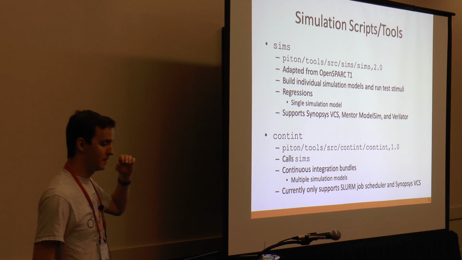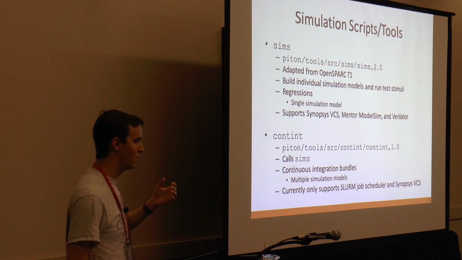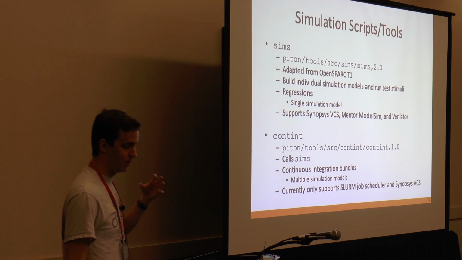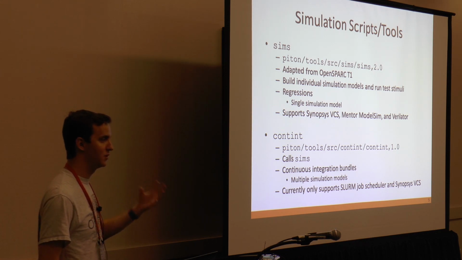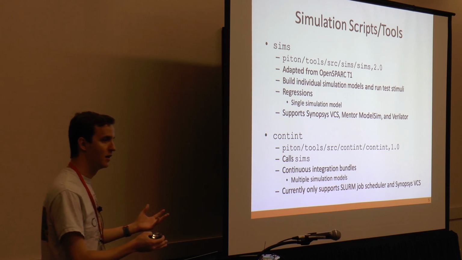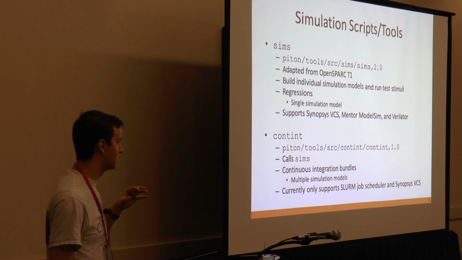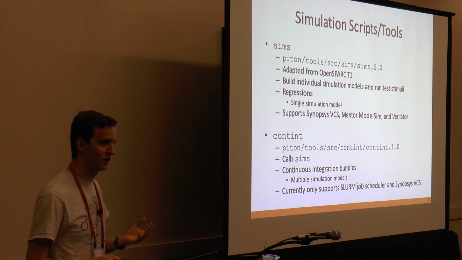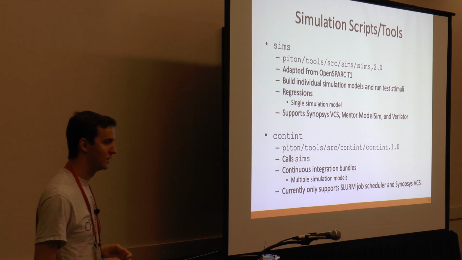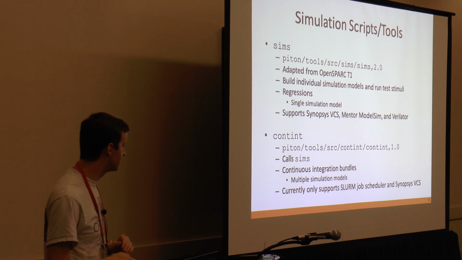So SIMS is only able to build one simulation model. What Contint can do is build multiple simulation models and run multiple tests on those various simulation models. Currently, Contint only supports the Slurm job scheduler and VCS for simulation, but it should be not too hard to integrate it to whatever system you have.